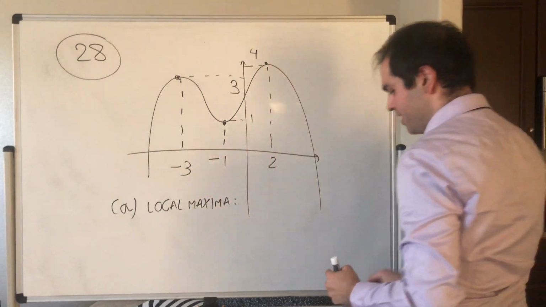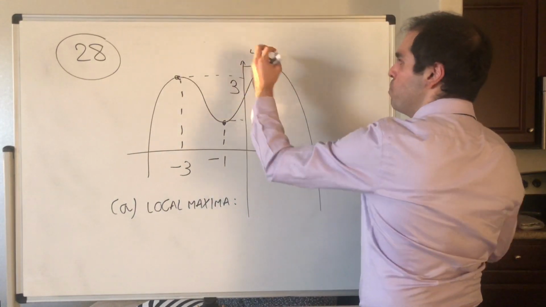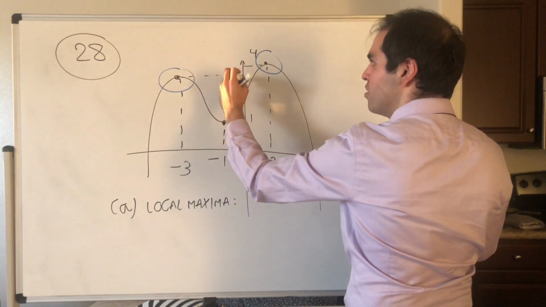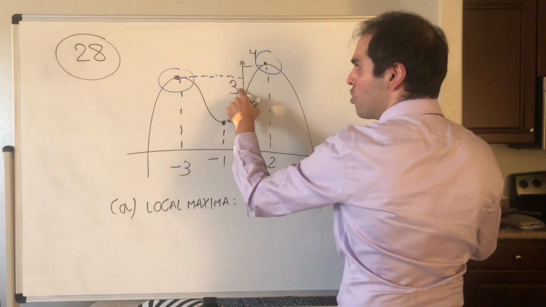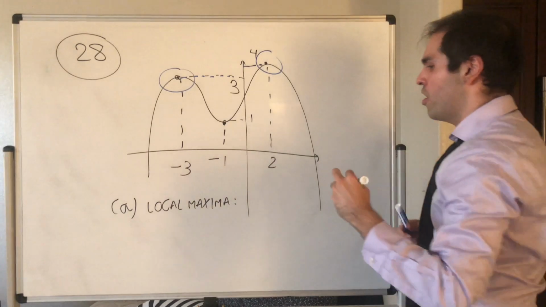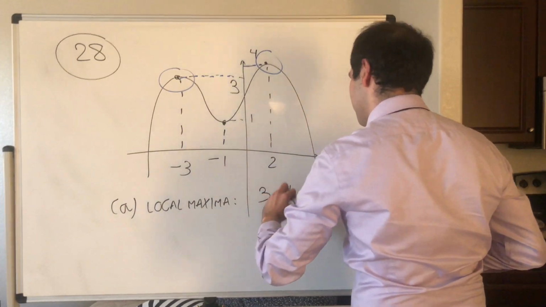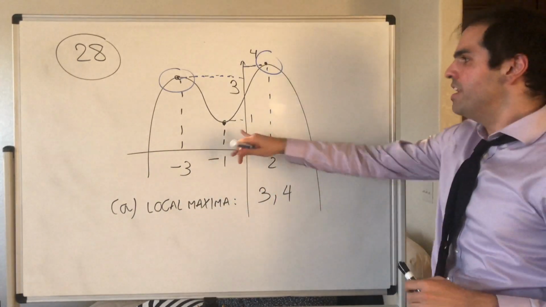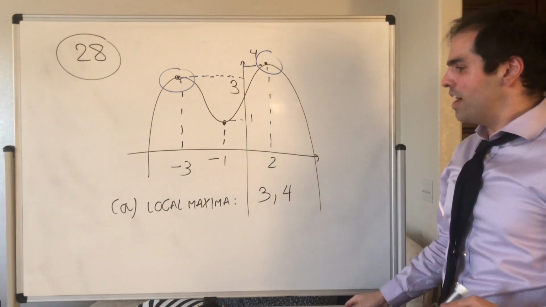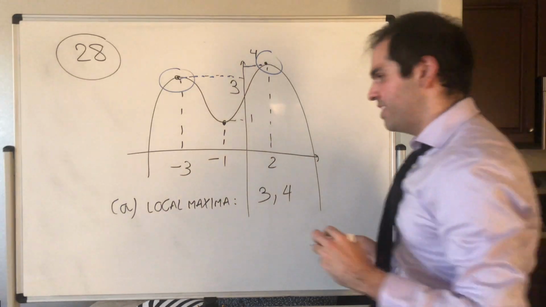So here, let's see. Well, notice there are two peaks, and the values of the peaks are precisely 3 and 4. So the local maxima are 3 and 4. There's also a minimum, but we don't have to worry about this. And the next question is, at which points are they attained?